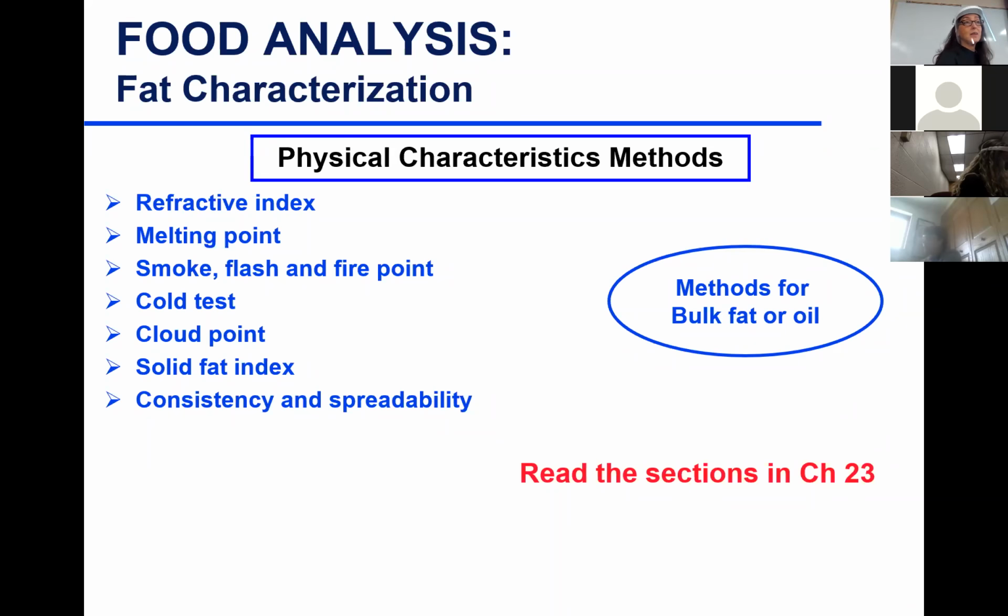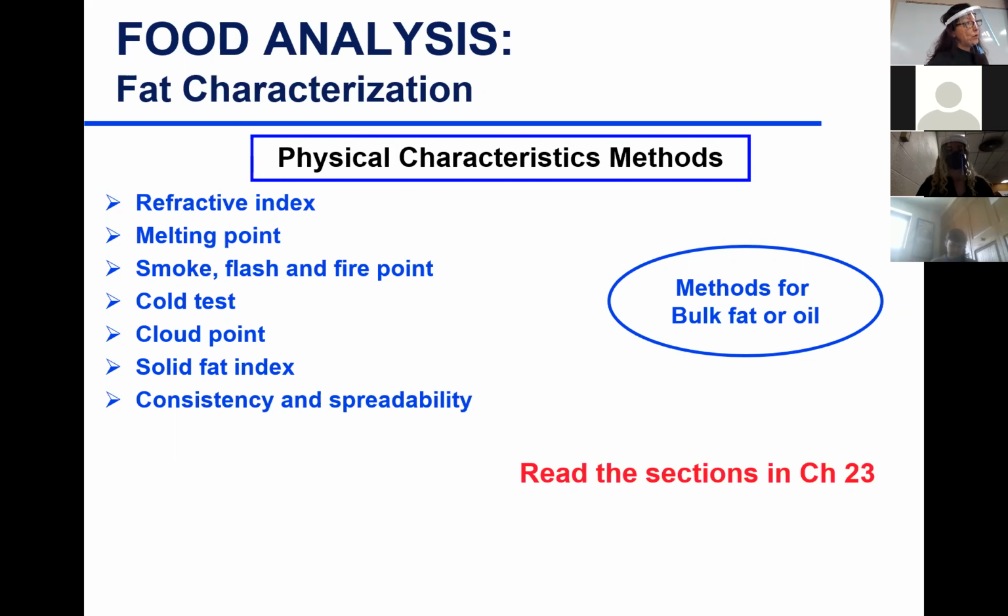And these volatiles at high temperature will cause smoking, and lower the flash and fire points. So when you choose your frying oil, you want to make sure that you choose one that has a high smoke point, high flash point, and high fire point. Some oils are meant for frying, other oils are not.